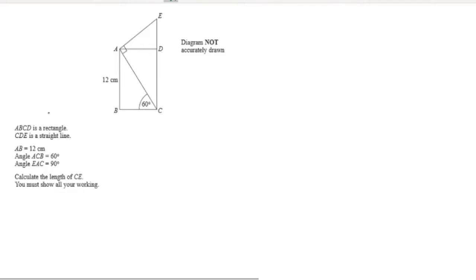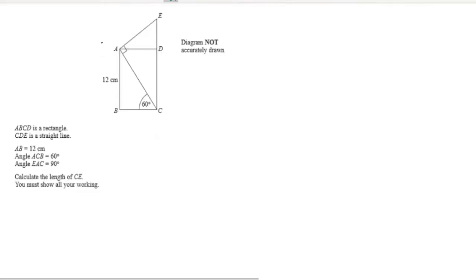What the question tells us is that ABCD is a rectangle and that CDE is a straight line. AB then has a length of 12, this angle here is 60, and your EAC is 90, again denoted by your square in the corner. And it wants us to find out the length of CE, this long length here on the right-hand side.